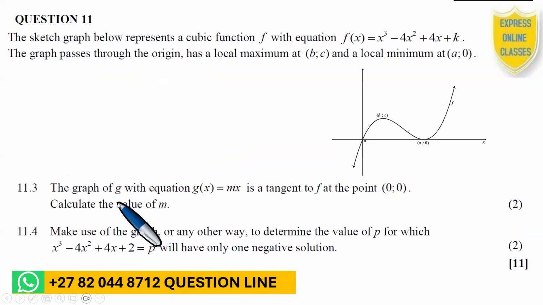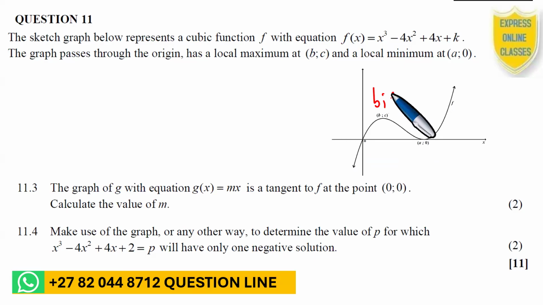The graph of g with equation g of x equals mx is the tangent to f at the origin, at the point (0, 0). Calculate the value of m. Okay, see, everything is clear.